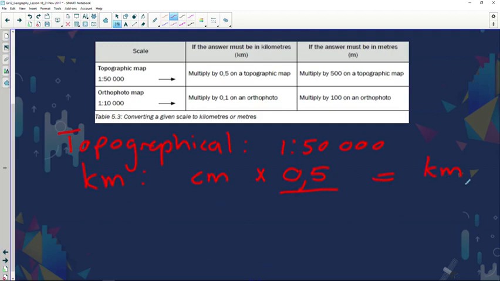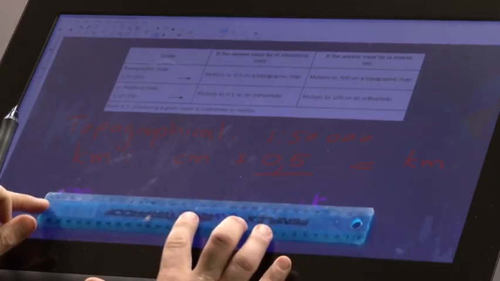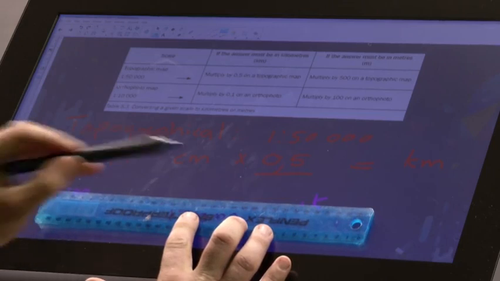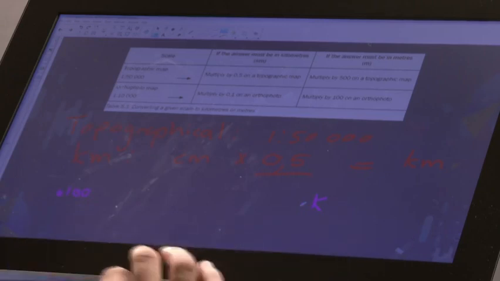For example, if I ask you to calculate the distance from spot height 100 to the church on a topographical map, you take your ruler, you measure the distance between the two areas. As such, from there to there, that gives me 24 centimeters.